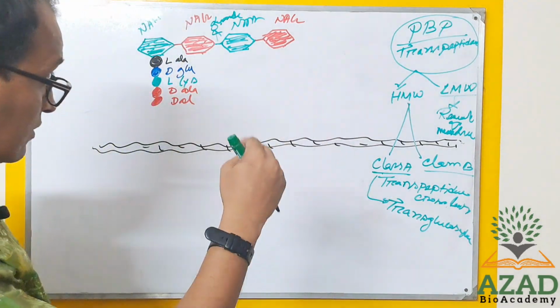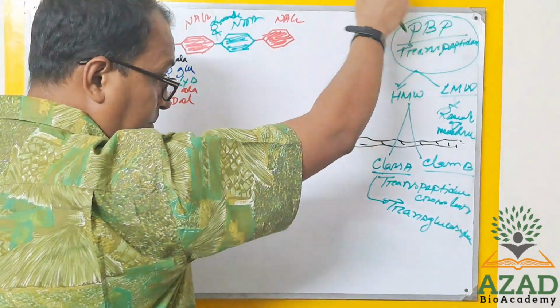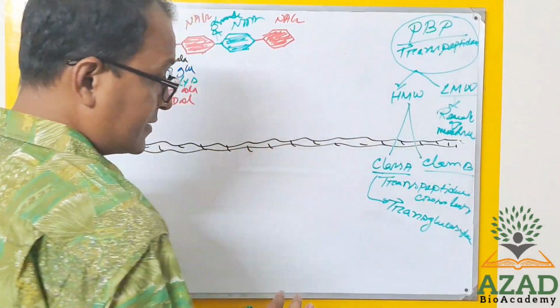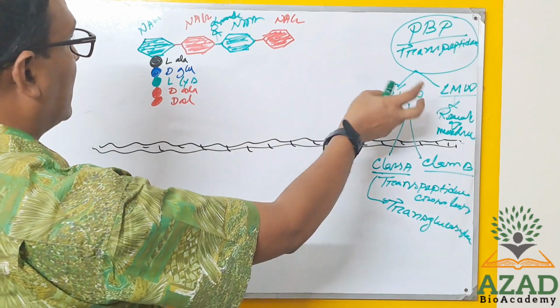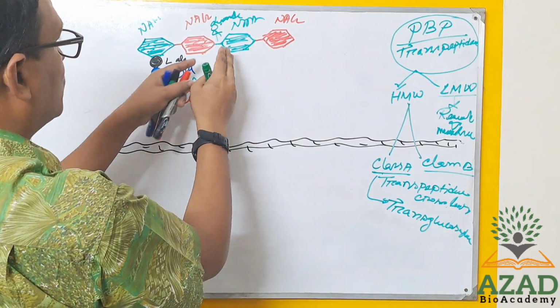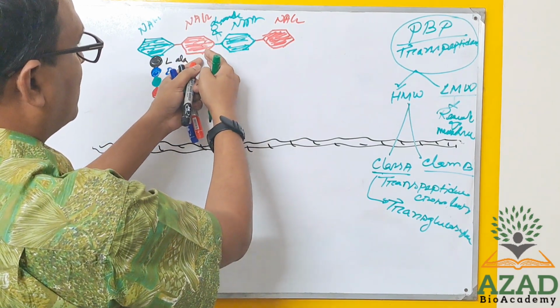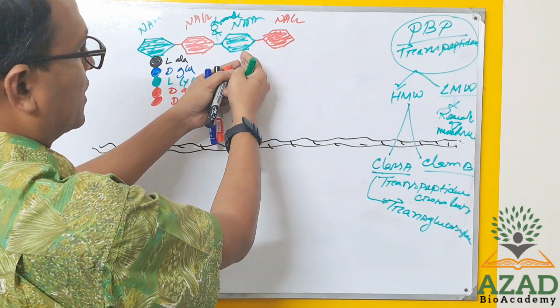So now here one PBP, that is a transpeptidase enzyme, will help to form a bond between N-acetyl glucosamine and N-acetyl muramic acid.